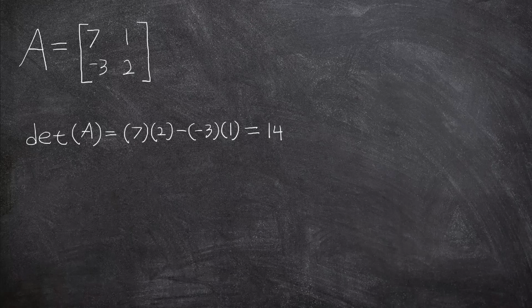Negative 3 times 1, negative 3, but we have a minus, so it becomes positive. 14 plus 3, 17. And 17 is the determinant of the following matrix A. If you were able to do this, good job. If not, that's okay. We got some more.